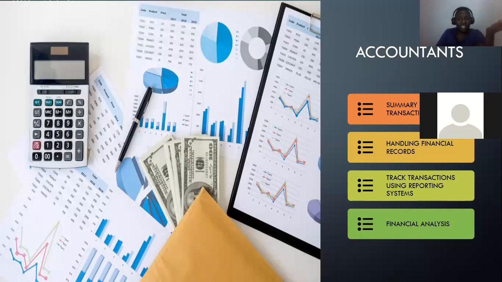But like I said, I gave you an example of payroll. When one person comes, he just punches in, he inputs the information. It does the handling of financial records, it tracks the transactions, and then it produces the reports. It does the financial analysis and gives the summary of transactions.